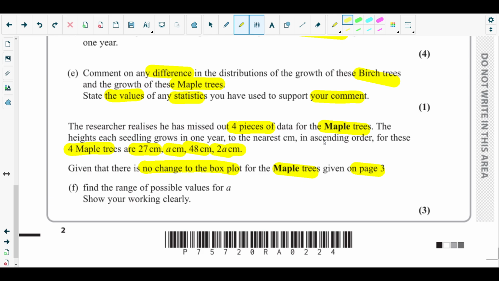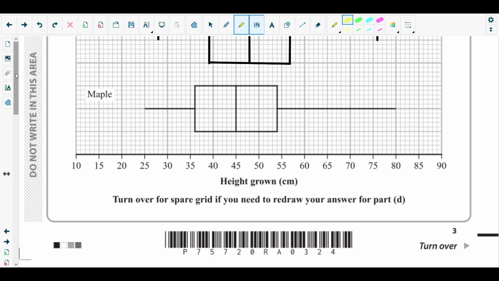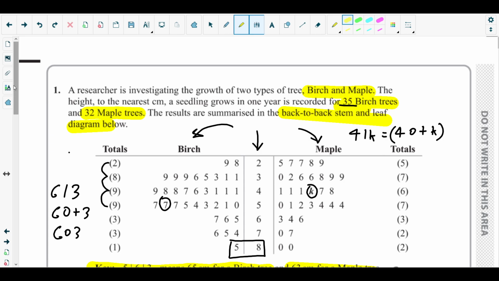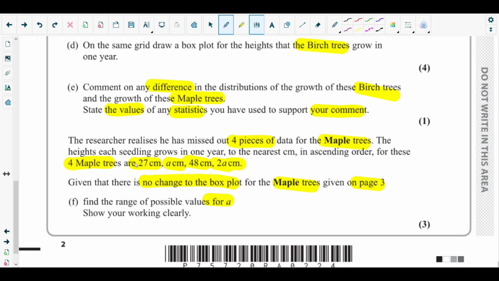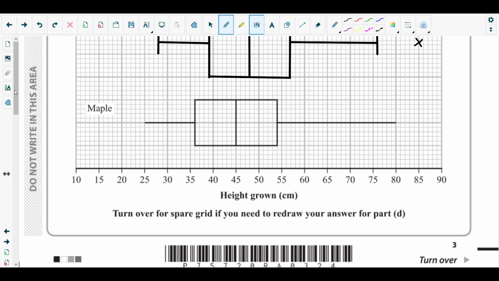This is a very conceptual question. So for part F, they are asking to find the range of possible values for A. Now let's consider the concept. What's the concept here? Look, the first data that is missing is 27, and the third one is 48. Let's consider the two positions, 27 and 48.